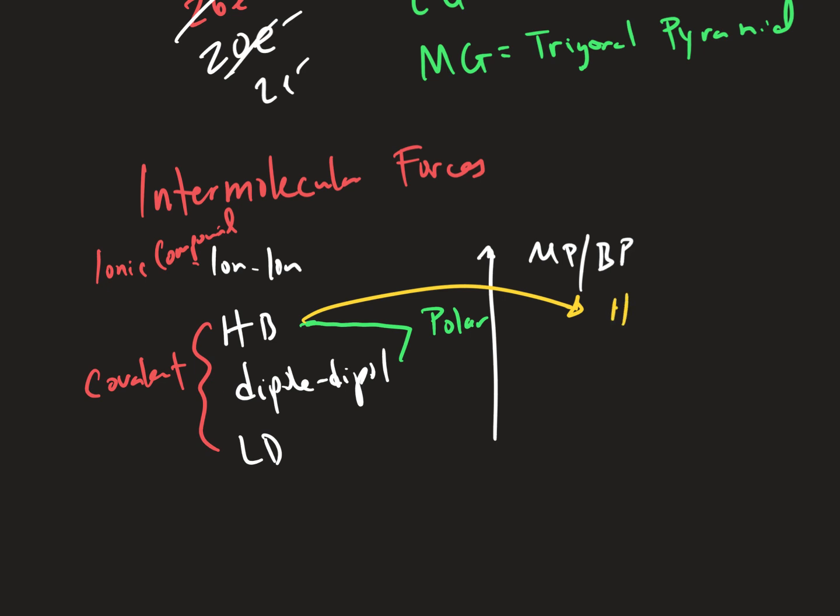Hydrogen oxygen bond, or hydrogen nitrogen bond, or hydrogen fluorine bond only. If it's carbon, if it's something else, so it's not just if it has hydrogen in it. Okay, and this one is nonpolar. Are we good?